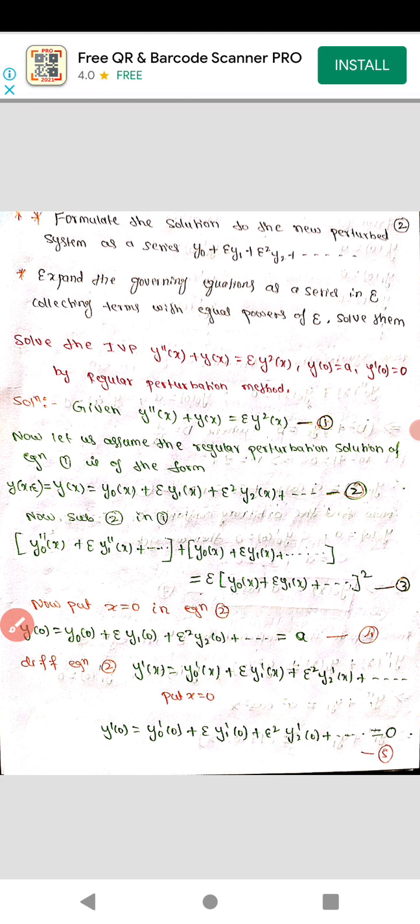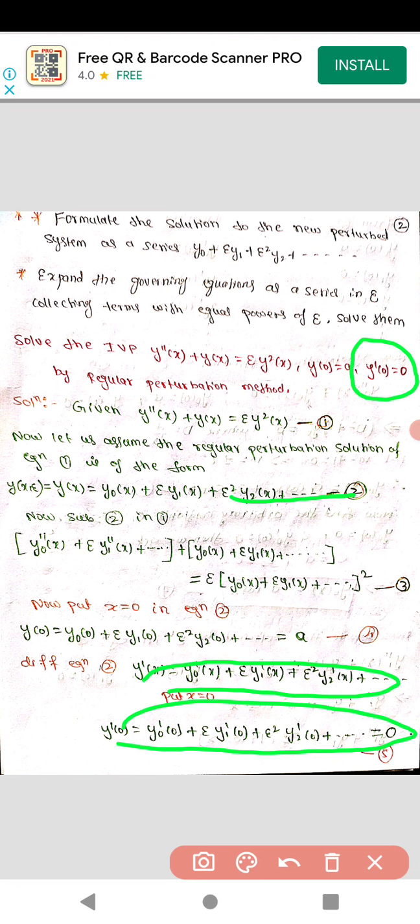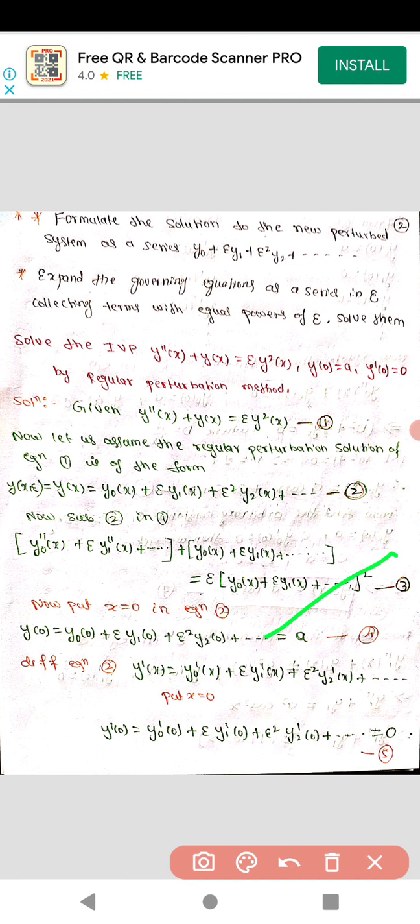Now observe equation 4 and equation 5. Equation 4 is y naught of 0 plus epsilon y1 of 0 plus epsilon square y2 of 0 equals a, and equation 5 is y naught dash of 0 plus epsilon y1 dash of 0 plus epsilon square y2 dash of 0 equals 0.